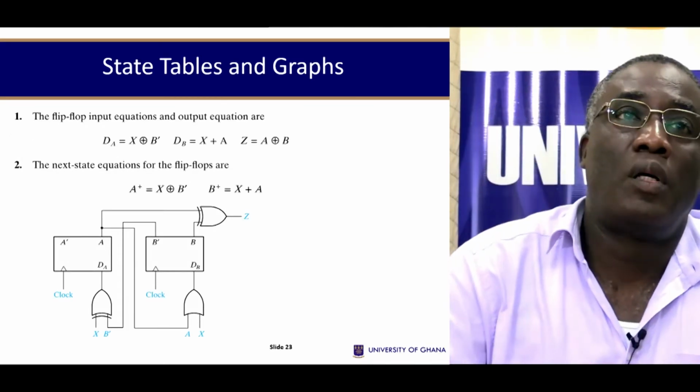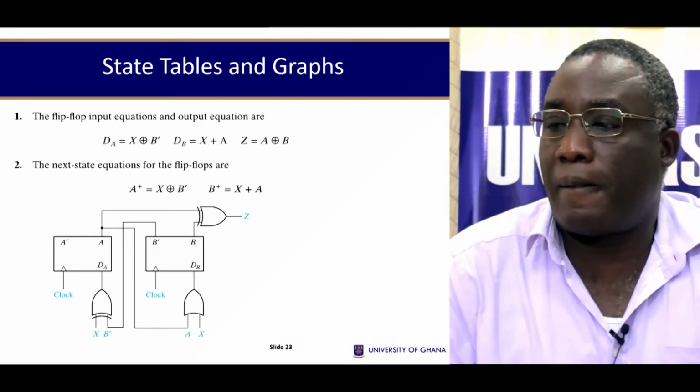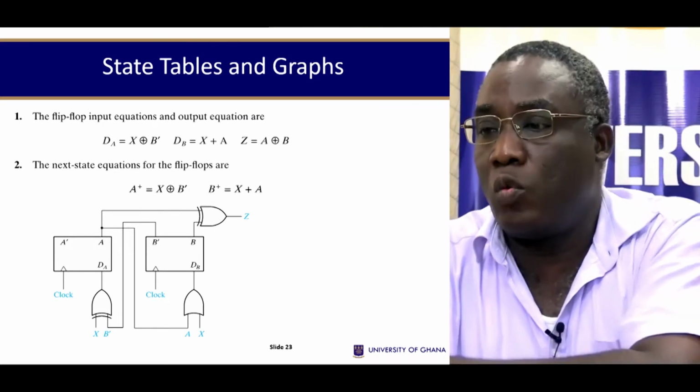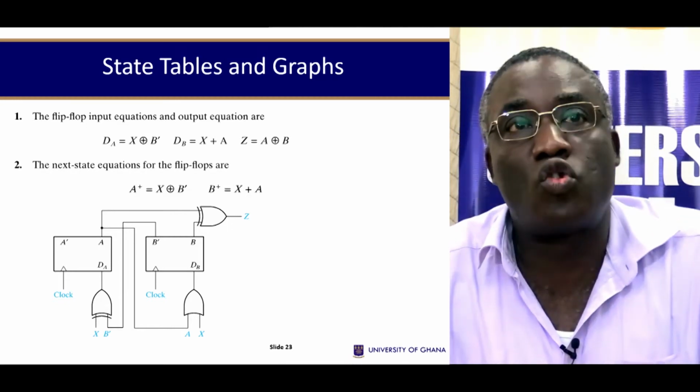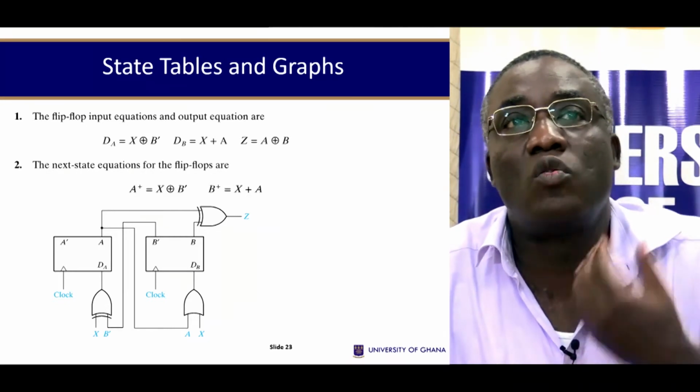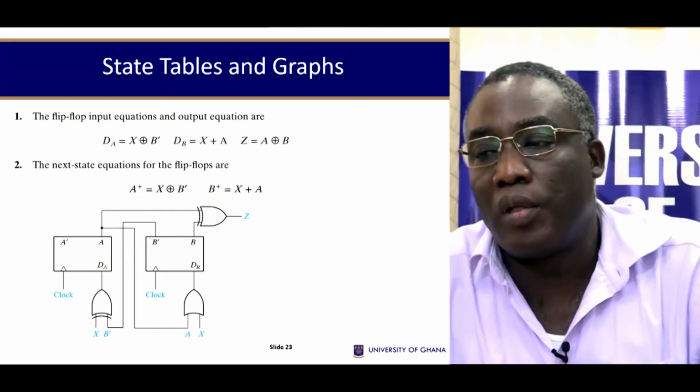As an example of this procedure, let's see how to derive the transition table from the circuit shown. So you have this circuit, now you want the transition table.